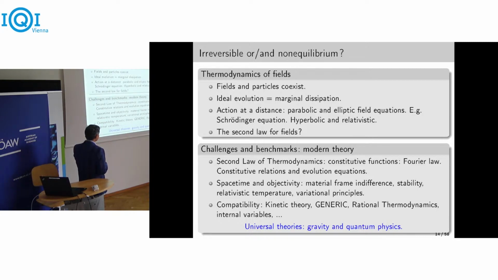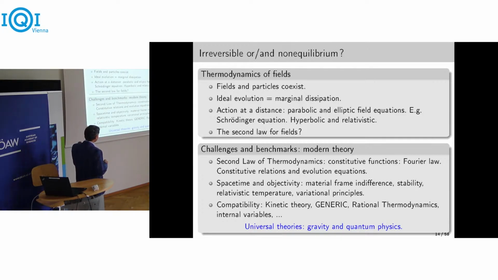That is a subject that incorporates not only the simple Galilean transformation, but expects that the material descriptors, the constitutive laws, must be independent of the reference frame. This also appears as the concept of relativistic temperature or variational principles, so it's everywhere because we are dealing with space-time objects.